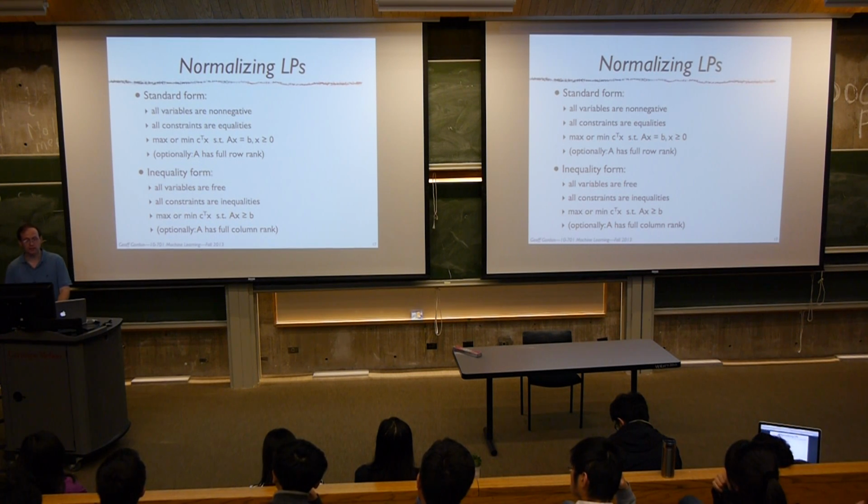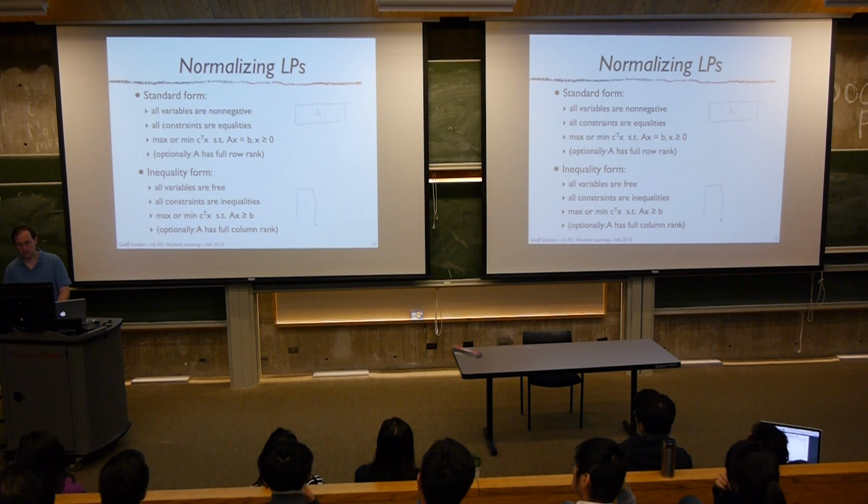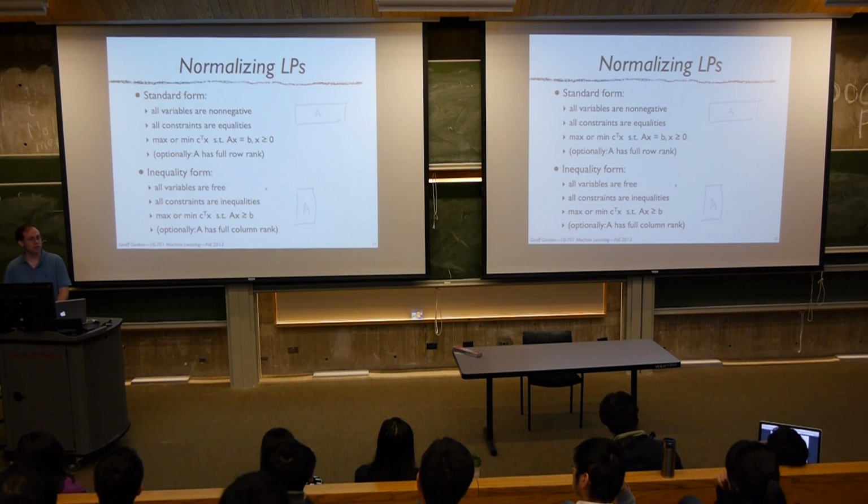And it turns out that if you want to, you can put the constraint of full row rank on A. In this one, A is going to be this shape, and in this one, A is going to be that shape. You can put the constraint of full row rank or full column rank on A if you want to, and it's no reduction in generality.